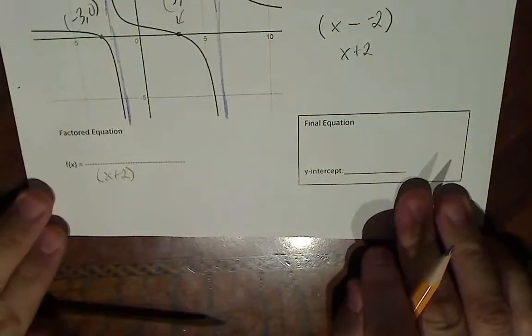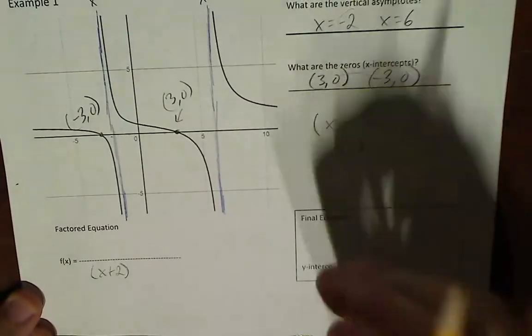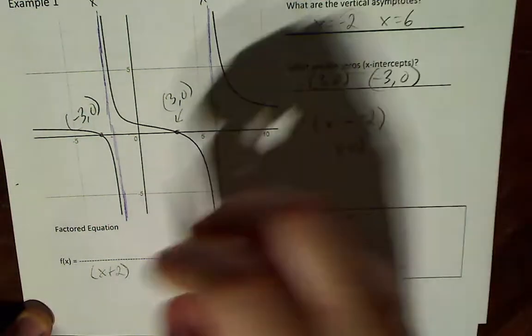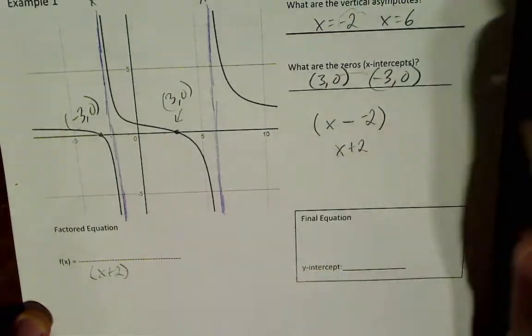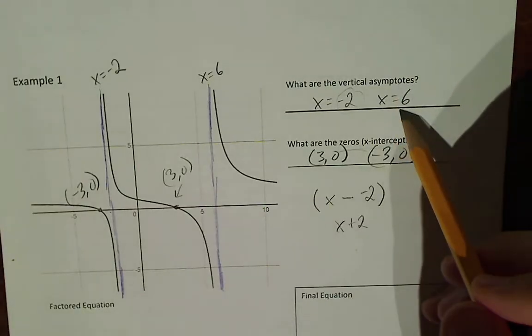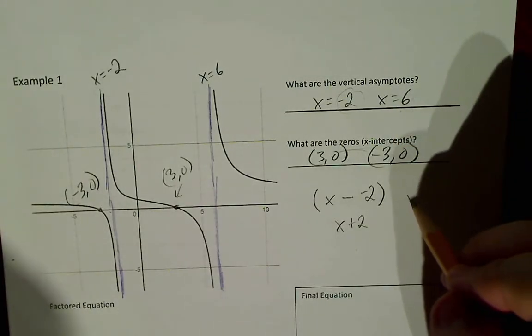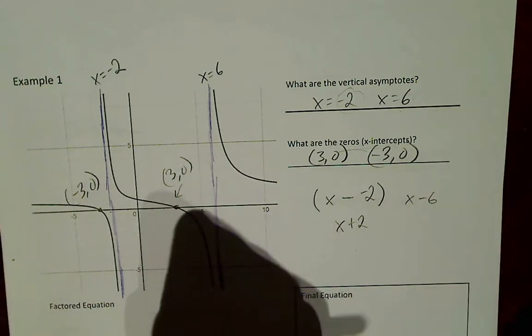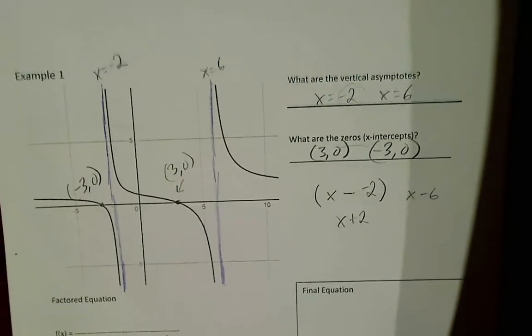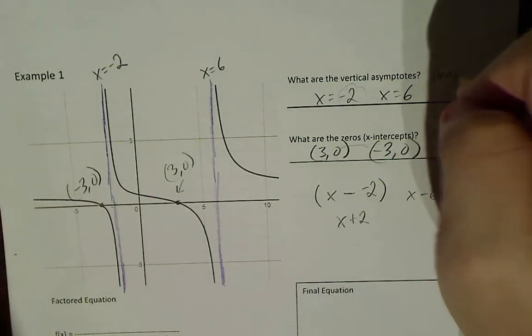In my next one, I have x equals 6. So again, if I write into my formula, x minus 6 becomes my denominator. So your vertical asymptotes go into your denominator.